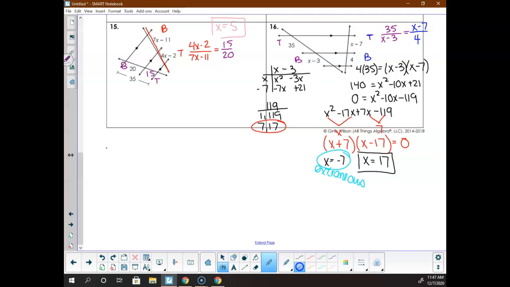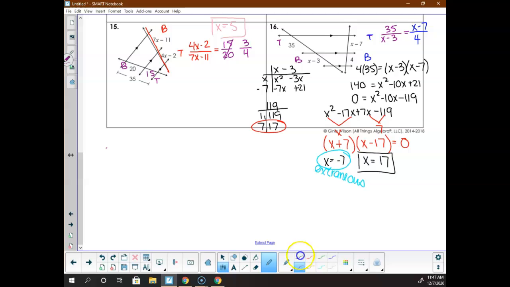I don't know how much this would throw you guys off if I showed it to you. It is kind of a trick, but it's dependent on whether or not you like it. All right, so the way it works is before you cross multiply, you check and see if you can simplify anything down. Okay, like 15 over 20, I can simplify this down into 3 over 4. Okay, then I can cross multiply.